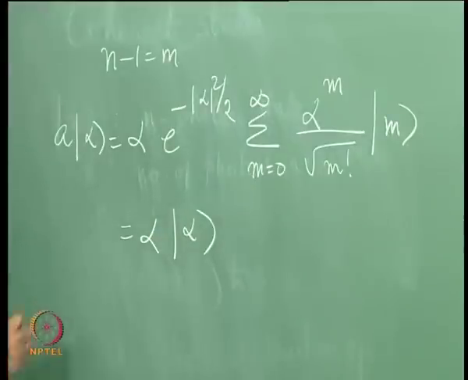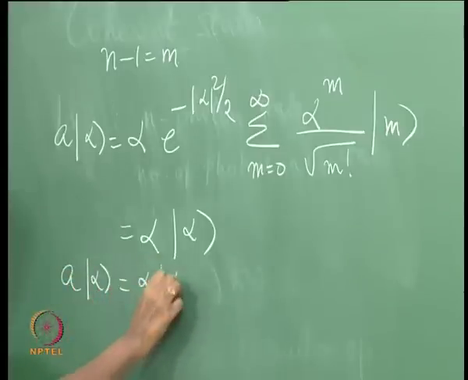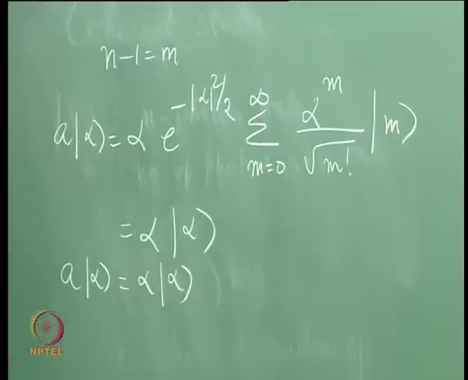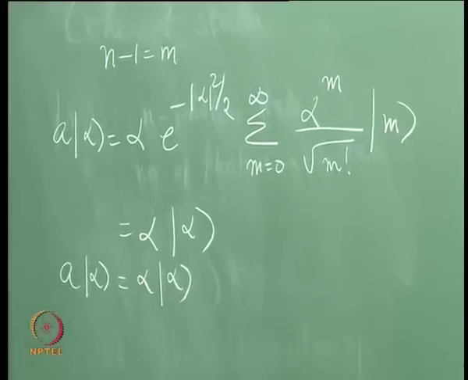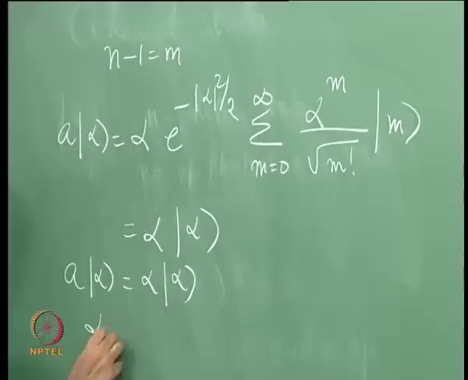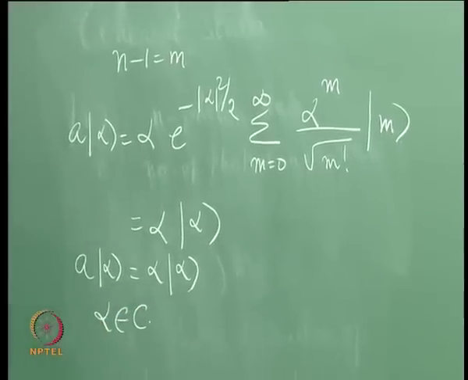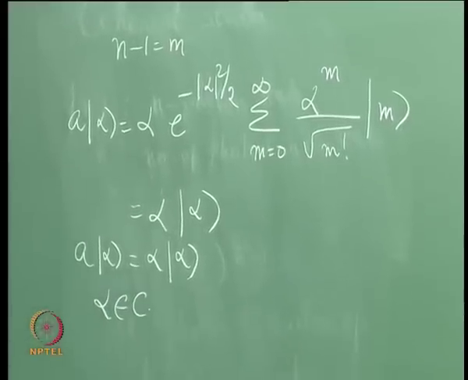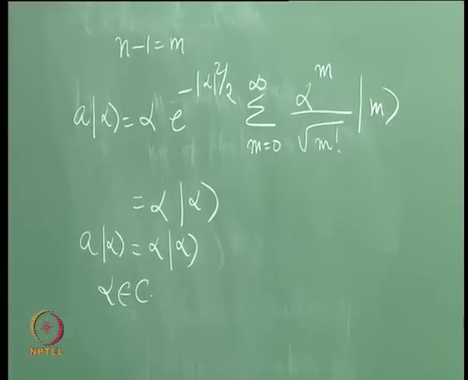And therefore, I have shown that ket alpha is an eigenstate of the operator A with eigenvalue alpha, where alpha can be any complex number. I have not imposed any conditions on the value of the number alpha.